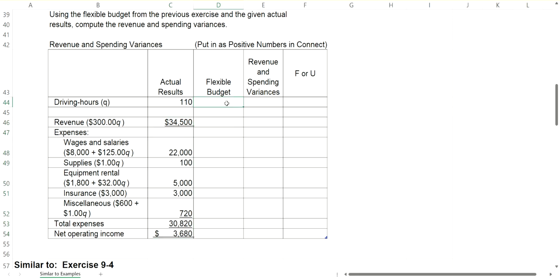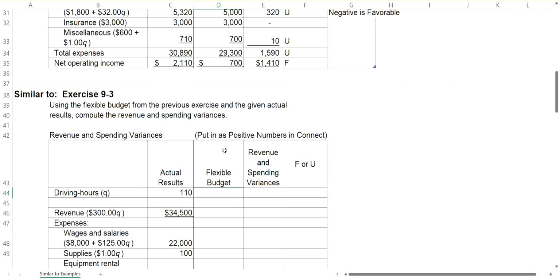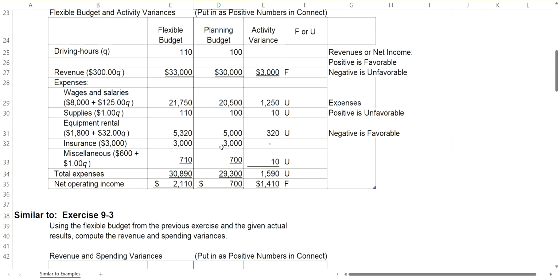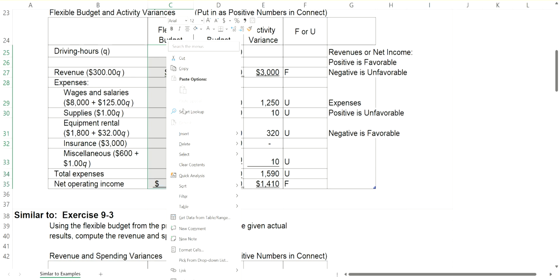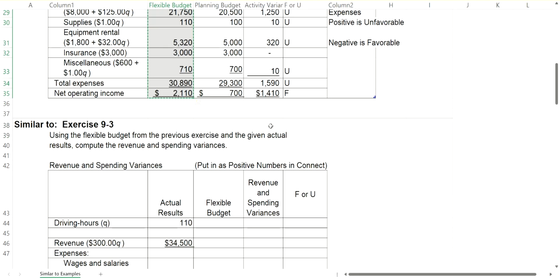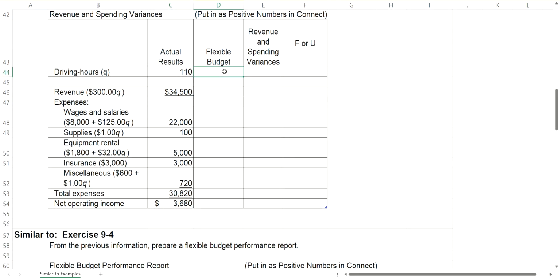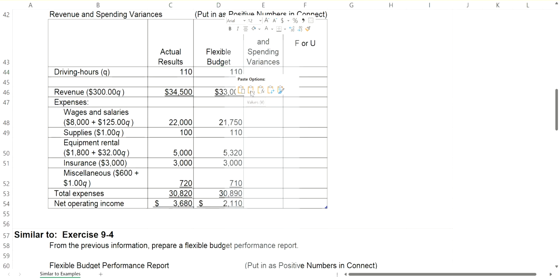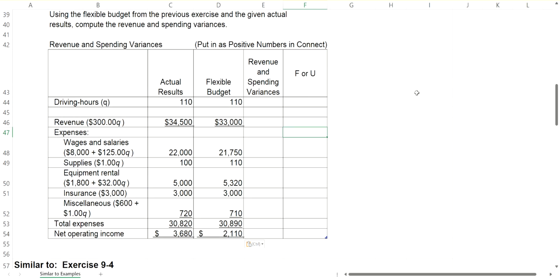What I want to do is compare it to my flexible budget that was made for 110 hours. So I'm going to go up here and copy the numbers from my flexible budget and bring them down to here. Okay, so no need to rework it. I just brought my flexible budget on down.